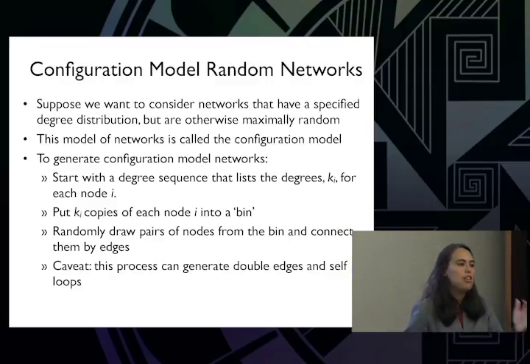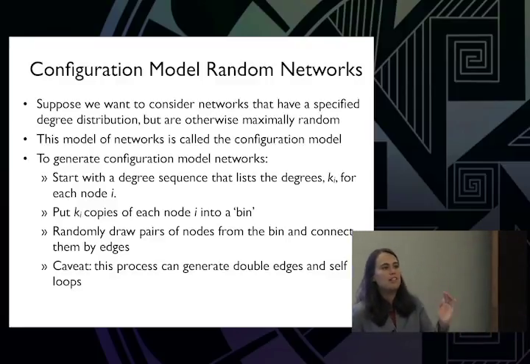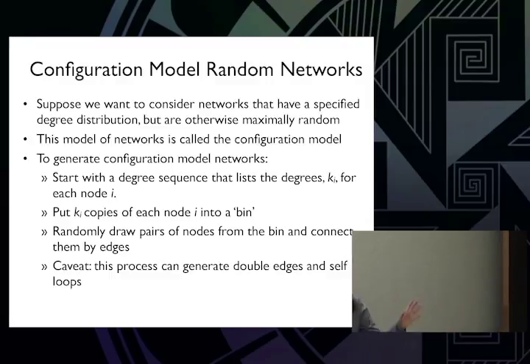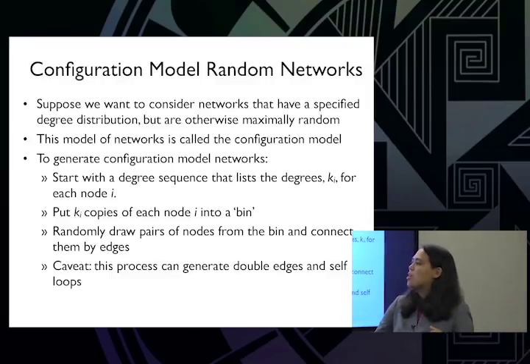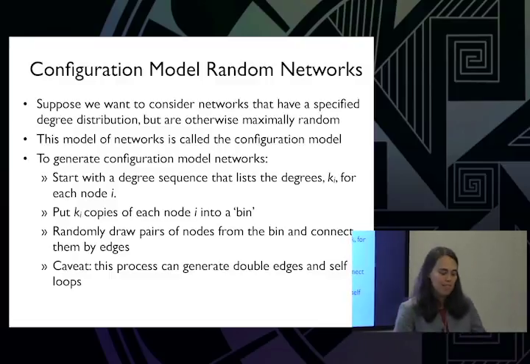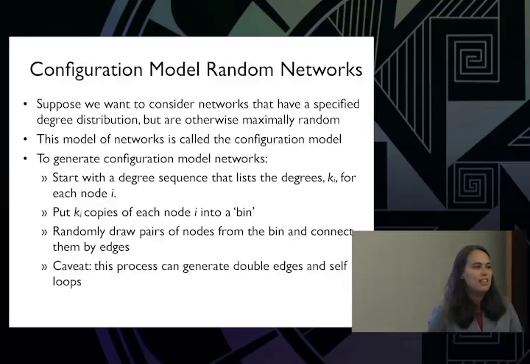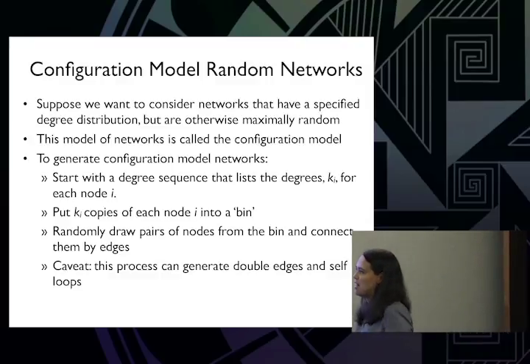Node 1 has degree 5, node 2 has degree 6, node 3 has degree 1, and so on. What I do is put k sub i copies of each node i into a bin. So node 1 has degree 6, I put 6 balls labeled 1 into this bin. Node 2 has degree 5, I put 5 balls labeled 2 into this bin.